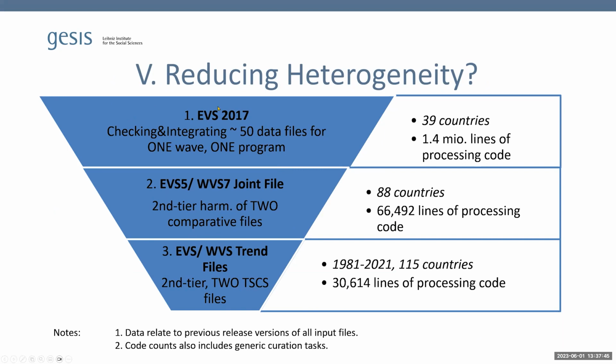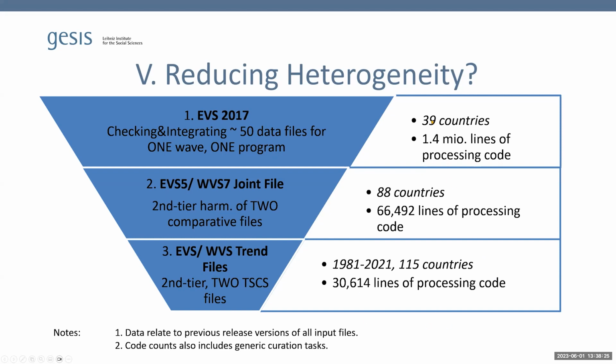Just for the sake of the thought experiment, we have counted the effort that we invested into curating and harmonizing the national samples for the EVS 2017 files, then moving on to a joint cross-sectional file for both survey programs, and then combining these survey programs with their trend files, that's not a linear workflow actually, into something that is really the big thing that I just described.